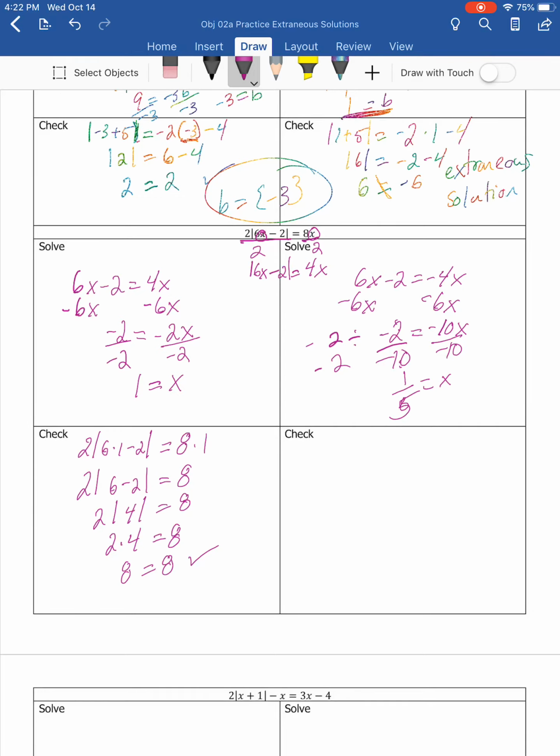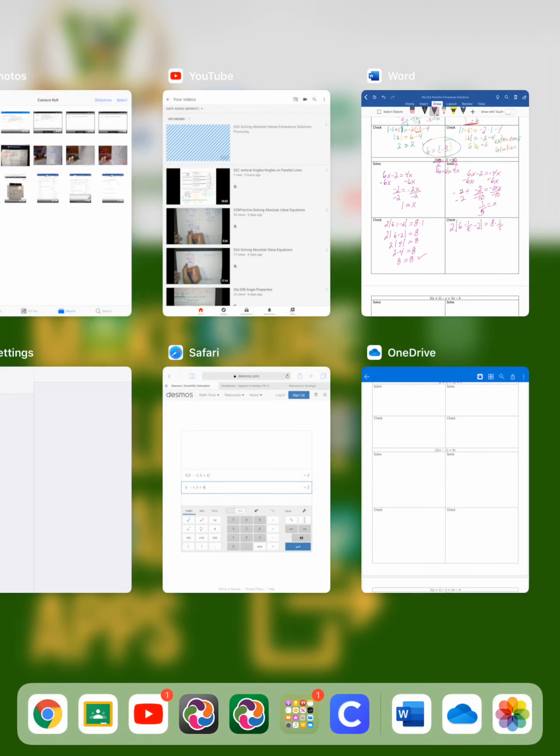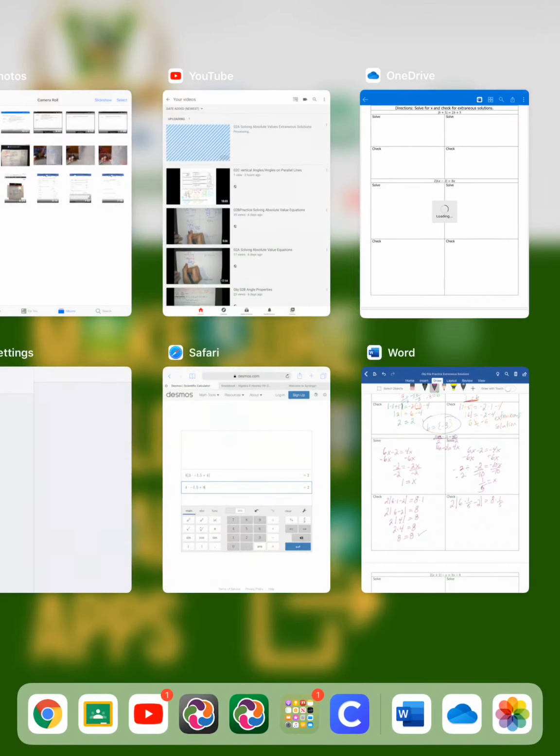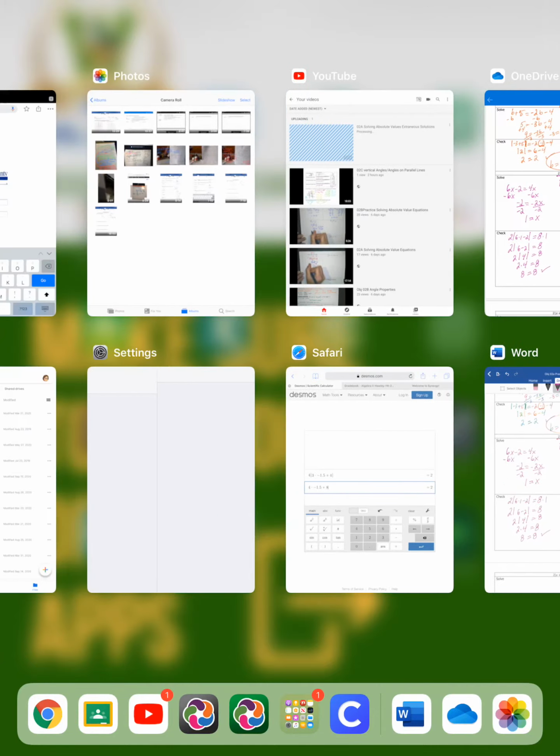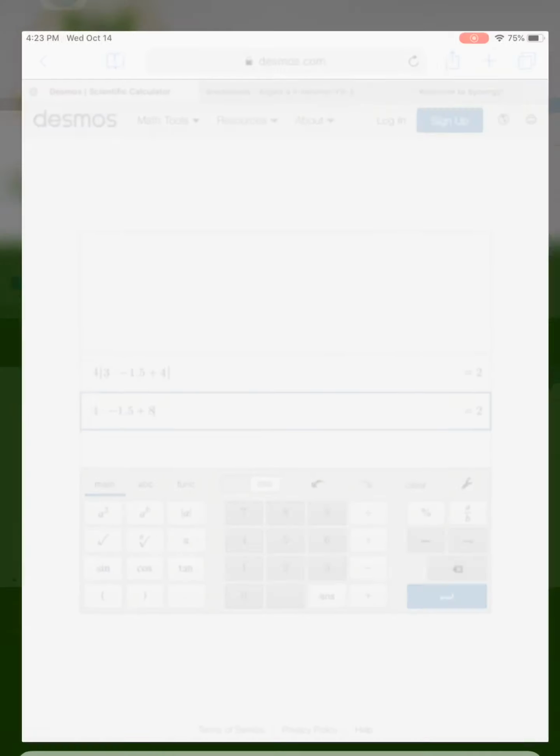I check it. You can always just put this in Desmos if you're not good with fractions. So 6 times 1/5. So I replace my first x. Minus 2 is equal to 8 times 1/5. Now, you can put all of this in Desmos. Let me bring Desmos up. Okay.